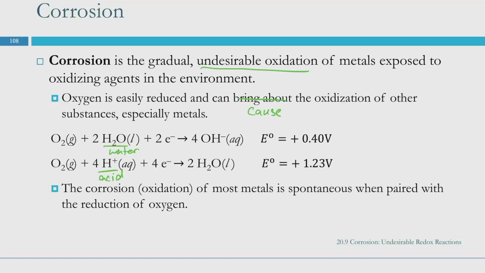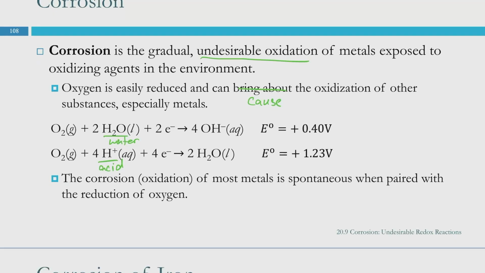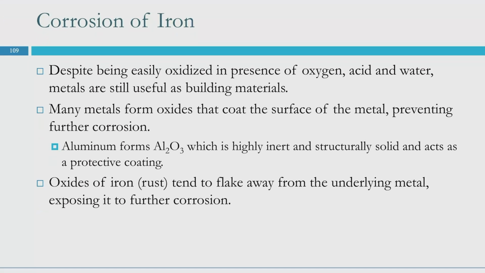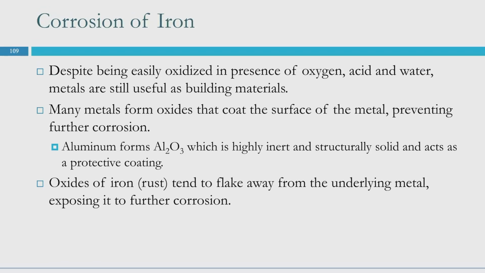So that's going to reduce more easily. It's going to oxidize metals more easily, more spontaneously than if we just have water. Despite their ability to be easily oxidized in the presence of oxygen, acid, and water, metals are great for building things. One of the ways to keep them from oxidizing is just keep them dry.